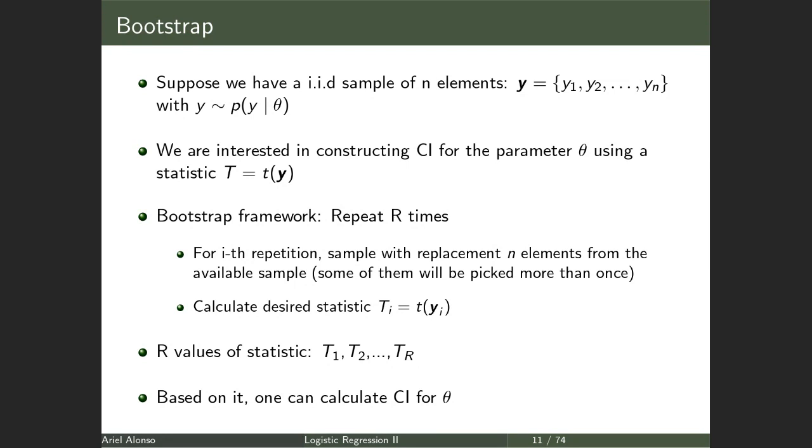And the idea here is very simple. Suppose that you have a random sample. This Y is your response, your data. It can be whatever. It can be binary, but it can be continuous, it can be Poisson data, whatever you want. So here you have your data set, the response for the first individual, the second individual, and the last individual in your sample.